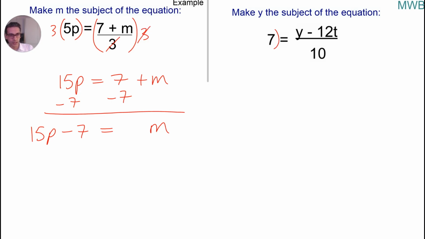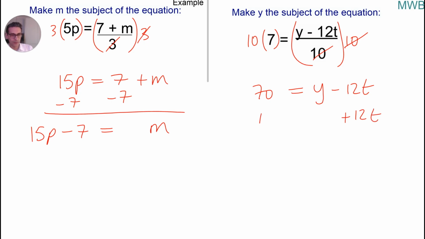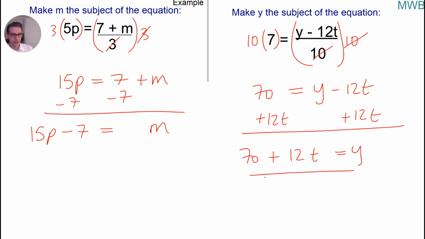So multiply the left hand side by 10, multiply the right hand side by 10. So those are going to cancel out. So 70 equals y minus 12t. And I'm going to add 12t, add 12t. So this becomes 70 plus 12t equals y, and that is your final answer.